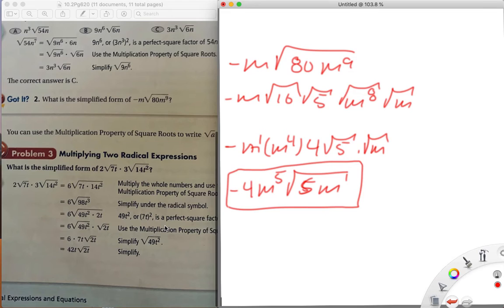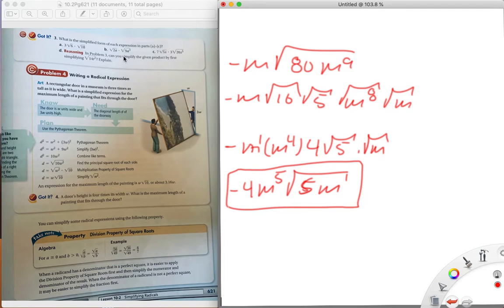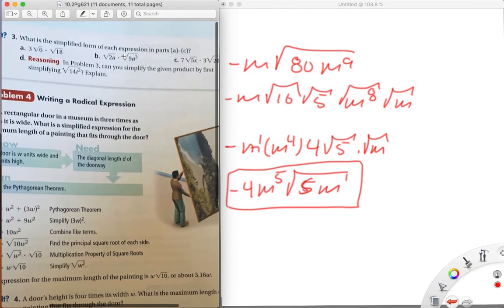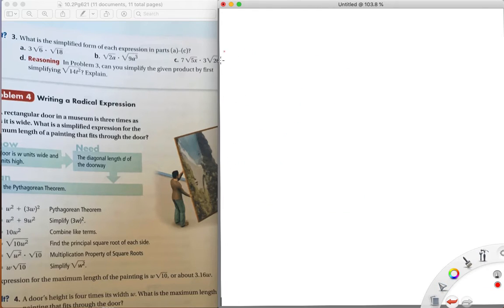They also talk about multiplying radical expressions. So when I multiply radical expressions, I have 3 square root of 6 times the square root of 18. Square root of 18, I can turn that into a perfect square, or pull out a perfect square.